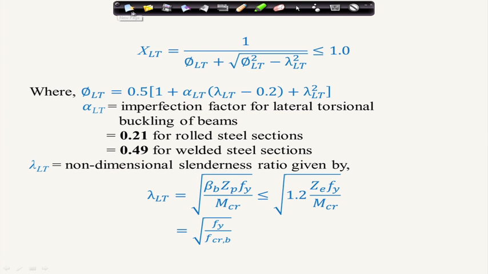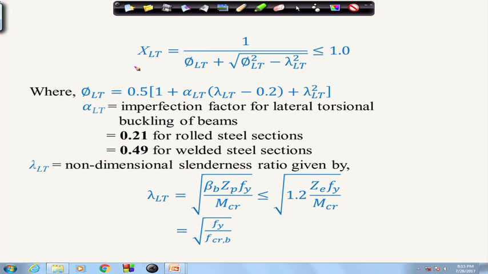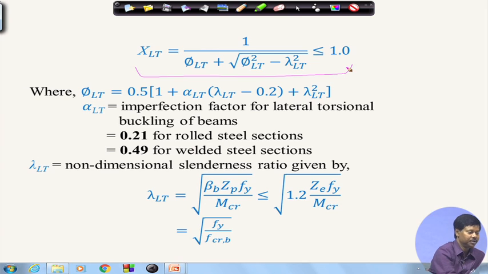That XLT value I can find out from this expression which we have shown earlier, and to find the value of XLT we need to find the value of phi LT. The phi LT depends on the imperfection factor for lateral torsional buckling, that is alpha LT, and it may be 0.21 for rolled section and 0.49 for welded steel section.